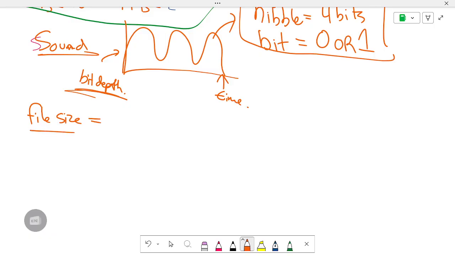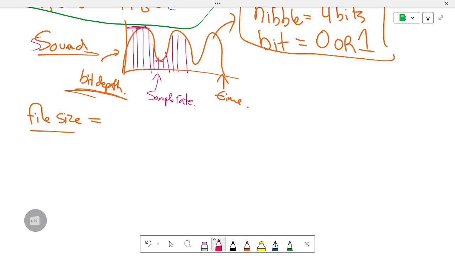You need to know the height of your max and min because we have these things called sampling rate. Do you guys remember about the sampling rate? It's measured in hertz. So this is called sample rate.